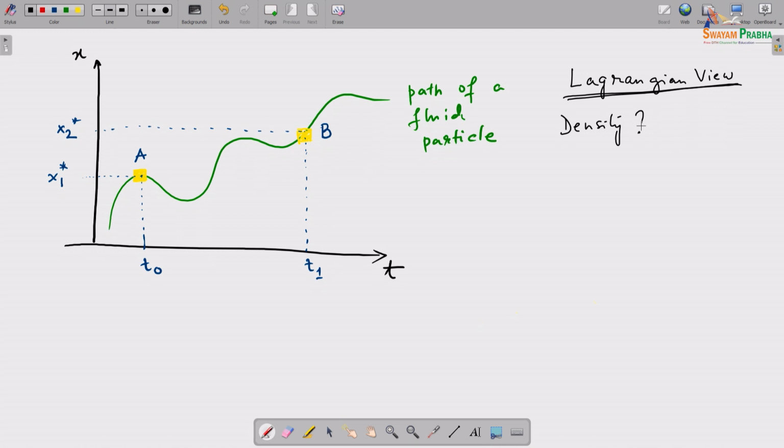Let the density, velocity, temperature, viscosity, etc., all physical properties of this particle be denoted with a star. If I were to say this, then what is the density of the particle at A?